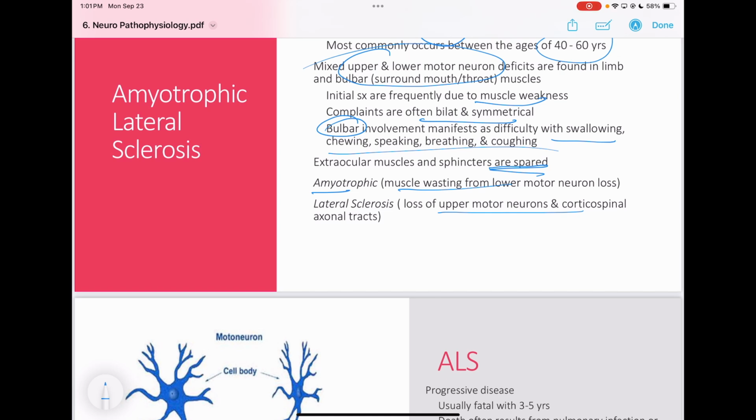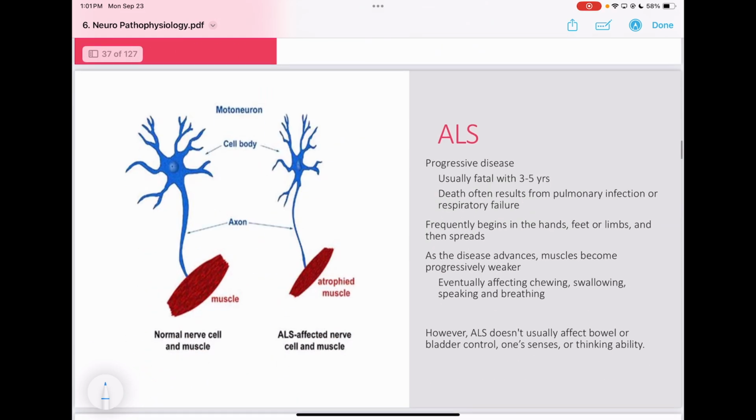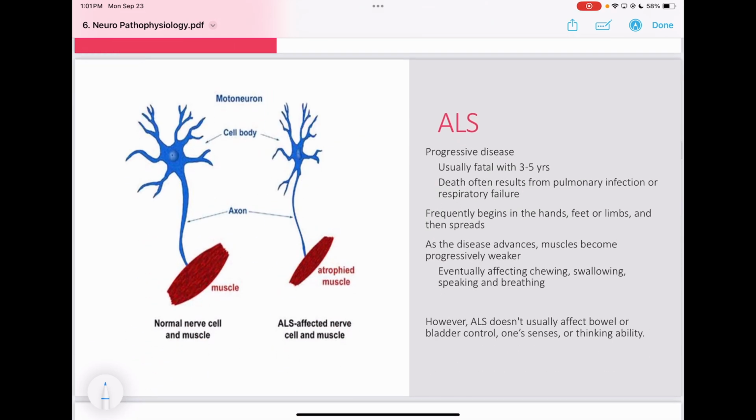That's why ALS is a mixed problem, upper and lower. It destroys both of them. And this is basically what happens with ALS. You can see how that axon is becoming atrophied and thinned, and it'll eventually start pulling away from the muscle, and it won't innervate the muscle anymore. No innervation, no movement. Nothing's going to happen.